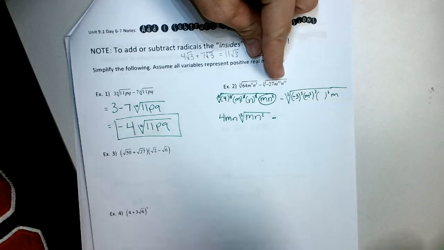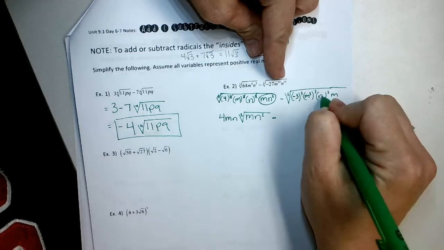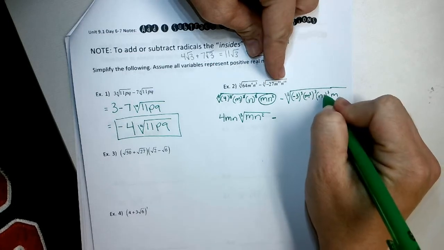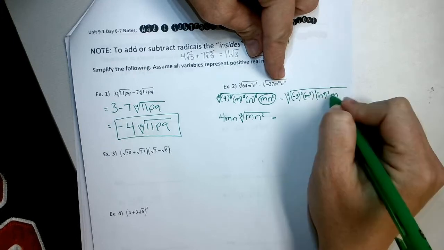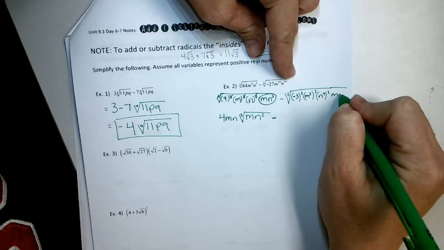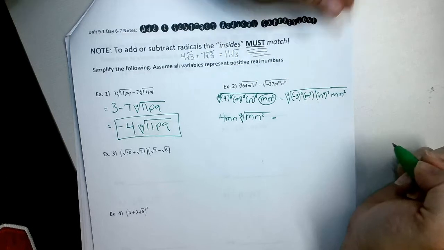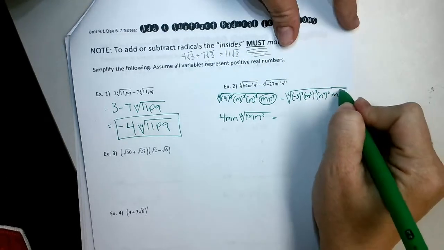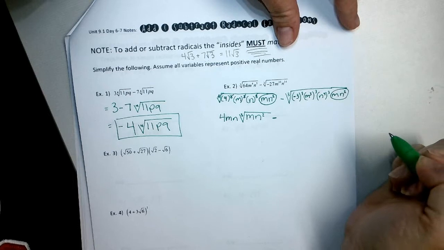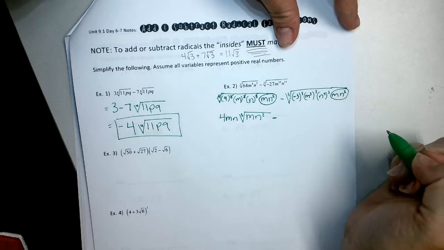How many times does 3 go into 14? Almost. 4. And that gives me 12. So how many do I still have left? 2. Okay, so again, this cannot be simplified because they don't have something cubed.